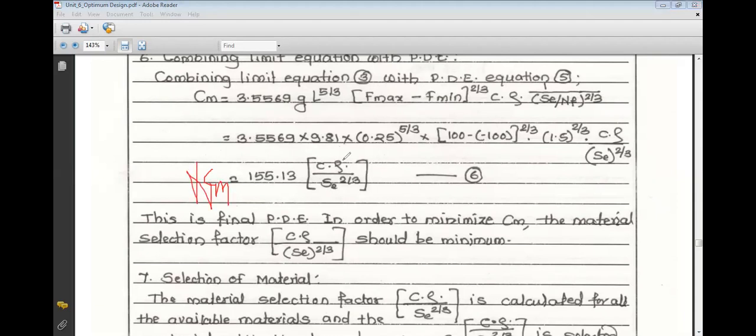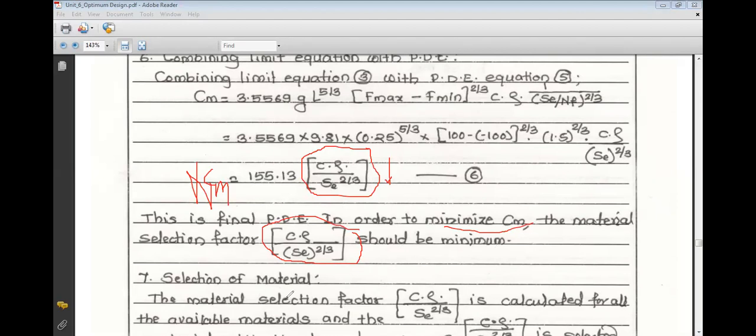Then the material selection factor should be a minimum value. So in order to minimize Cm, the cost of material, the material selection factor, that is C rho upon Sc raised to 2 by 3, should be minimum.